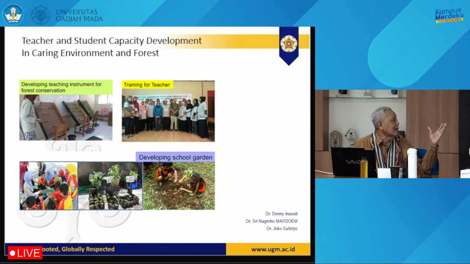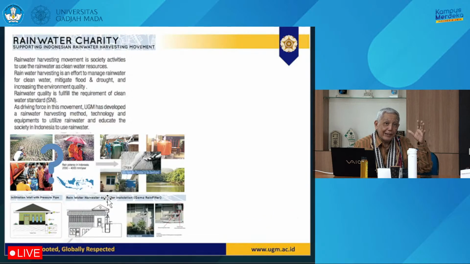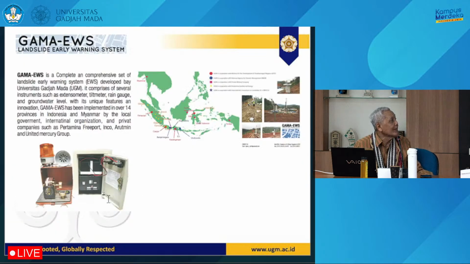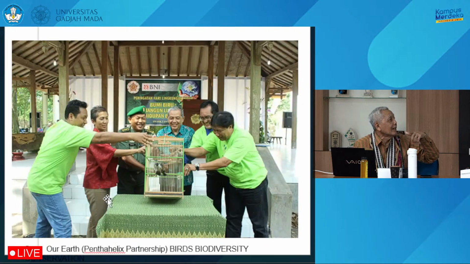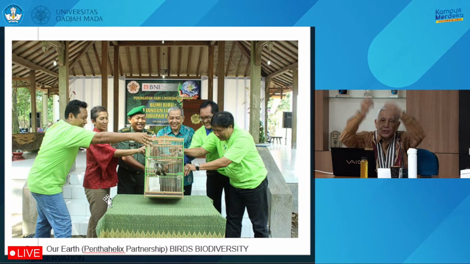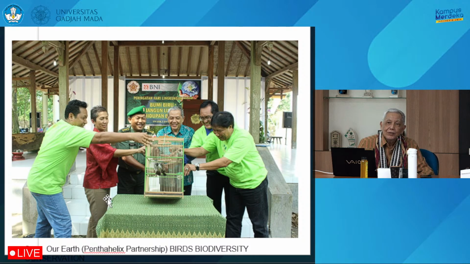There are some actions. This is market empowerment. This is the early warning system for landslides, because Indonesia has many disasters. This is in Piat, I think, where we have biodiversity.